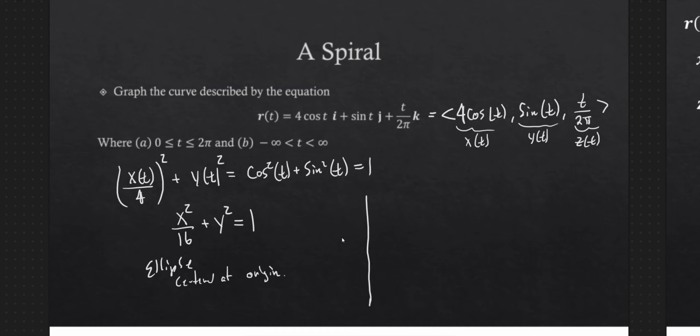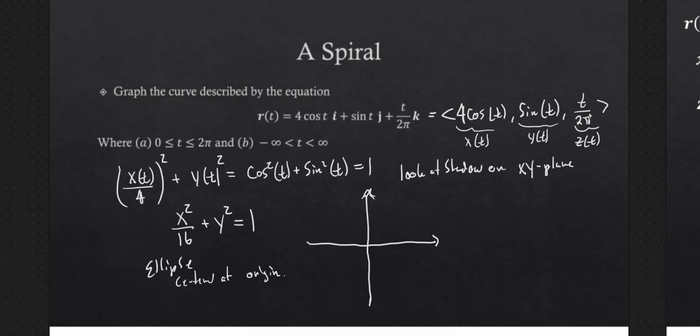If I'm just graphing x and y here in 2 dimensions, I'm looking at the shadow on the xy plane. I get that shadow by forcing the z component of my vector-valued function to be 0.